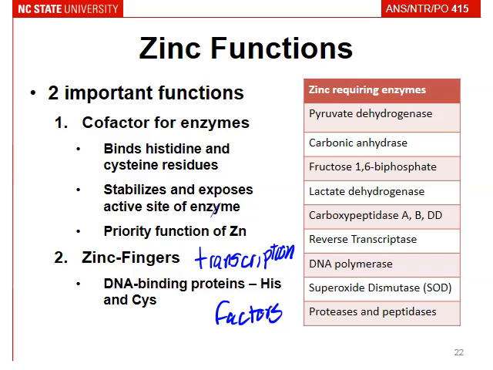So it forms these zinc fingers, and that is what's allowing these transcription factors to bind the start region on the DNA. So if you have an inadequate amount of zinc, you're going to have a reduced amount of DNA transcription occurring. And it's also working here by binding the histidine and the cysteine within the transcription factors.